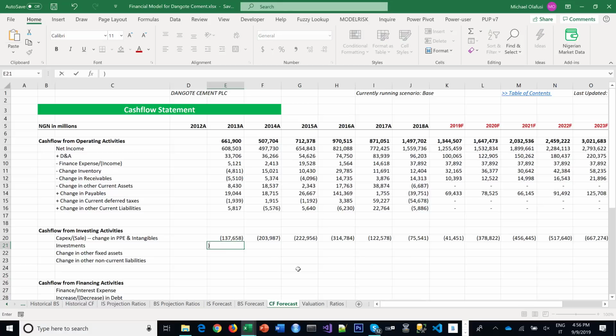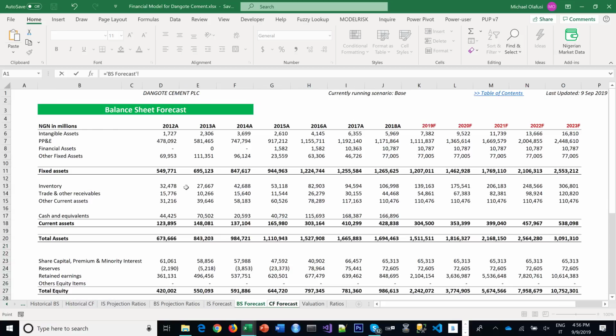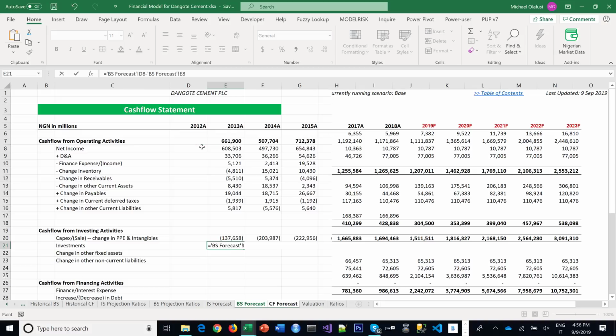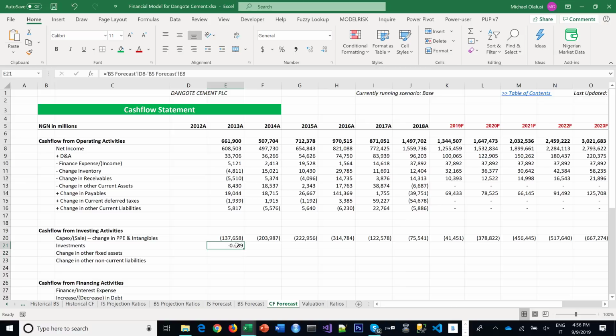So investment, did you make any new financial investments? So it's going to be what was the book value of financial assets last year minus this year. So that's how you see for an asset. Asset is last year minus this year to get the correct sign. That's why you notice when we did here we had to minus them, and here since we are not minusing anymore, we just have to go ahead and do this sign that will come with the correct cash flow direction.